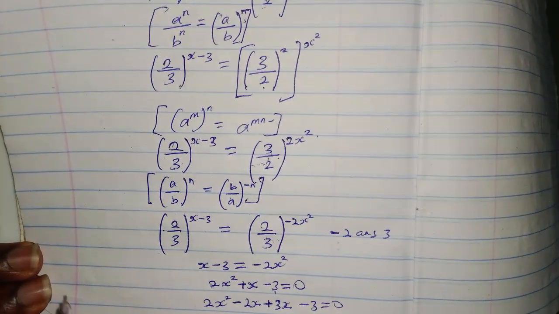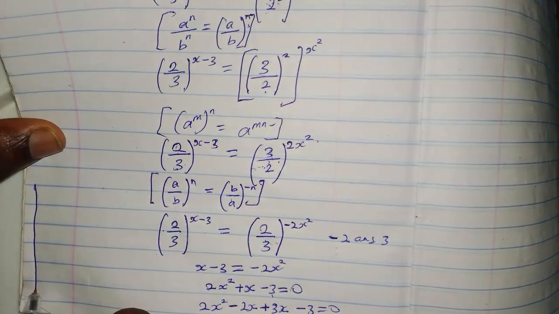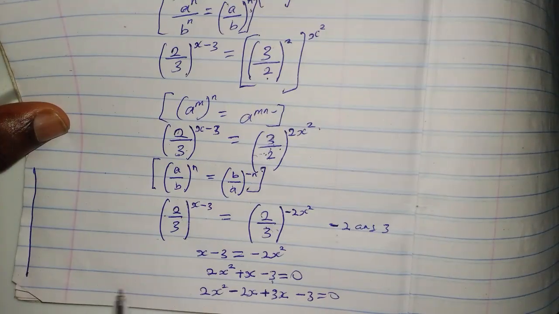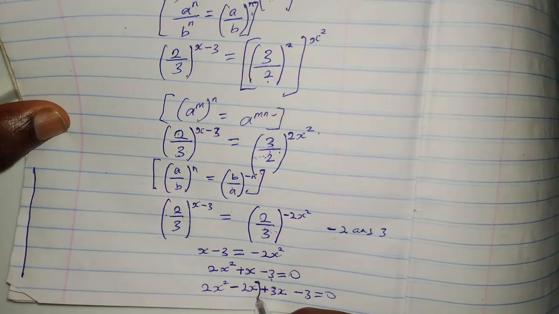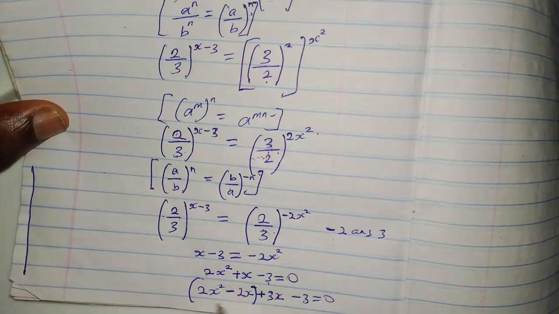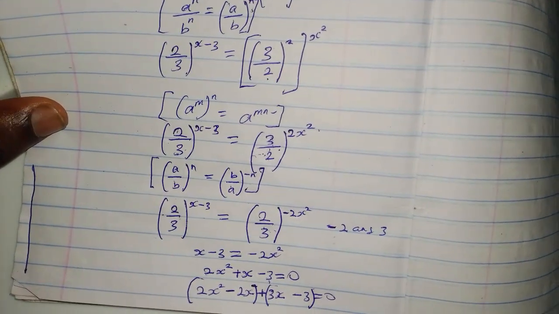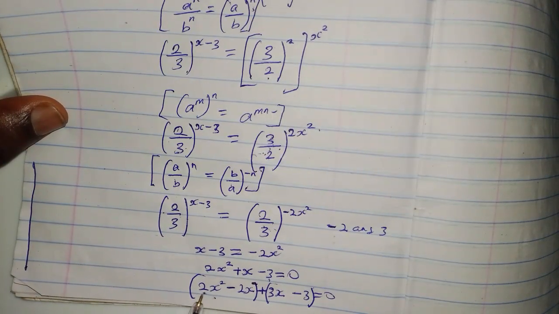If you come here and solve further, we can now put a bracket at this part, and a bracket here. If you look at this part, something is common, and that thing is 2x.